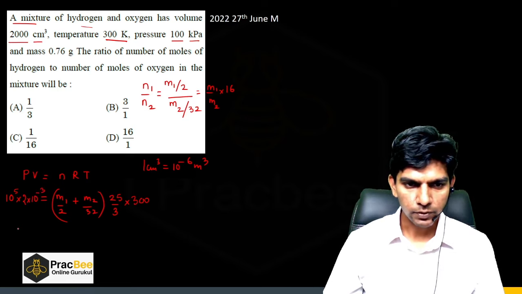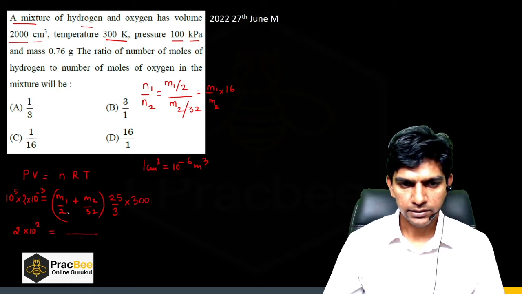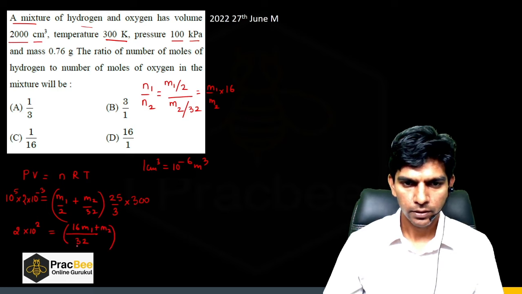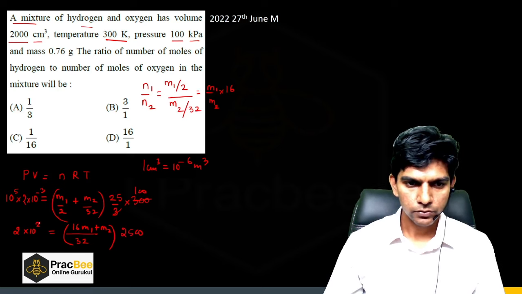So the left hand side will become 2 times 10 raised to power 2. And the right hand side, in the denominator will have 32, so it will be 16 M1 plus M2. And this will be 100, so we'll get 2500 here. So this 100 will get eliminated.